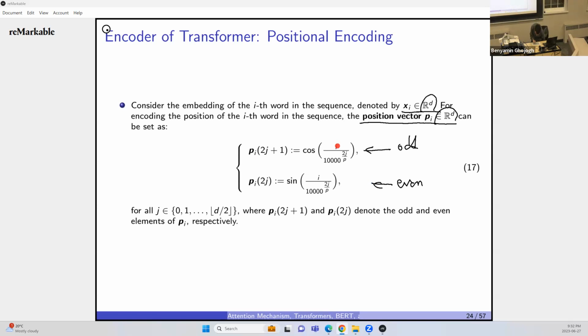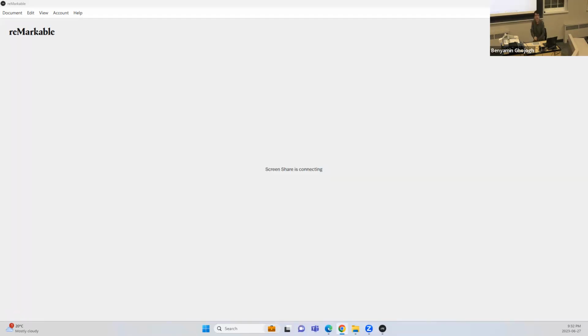So this is cosine, and by the way, what is j? j is between 0 and d over 2. Why? I have d elements, d over 2 of them are odd, d over 2 of them are even.